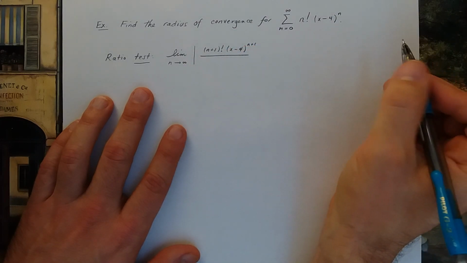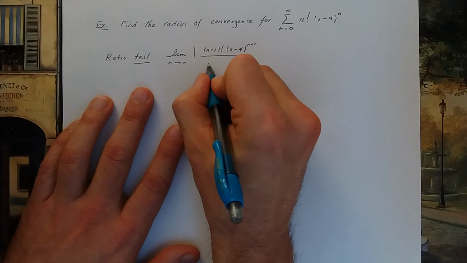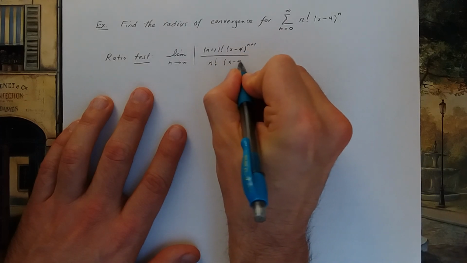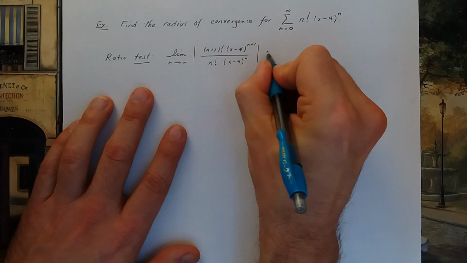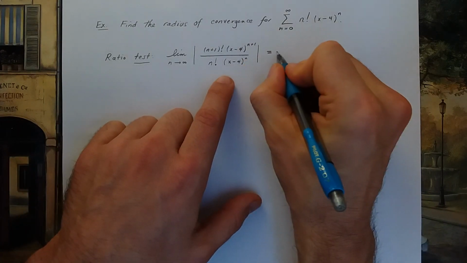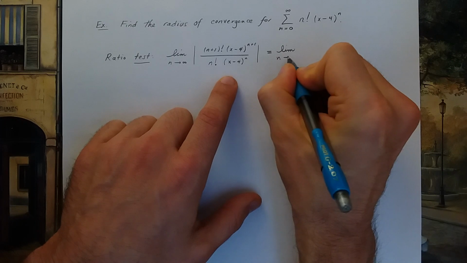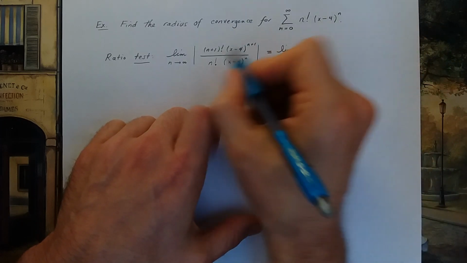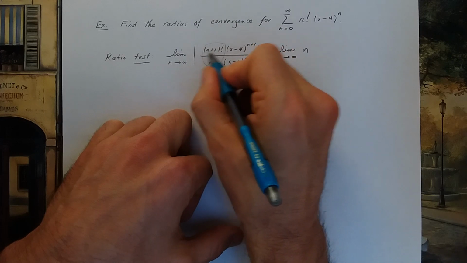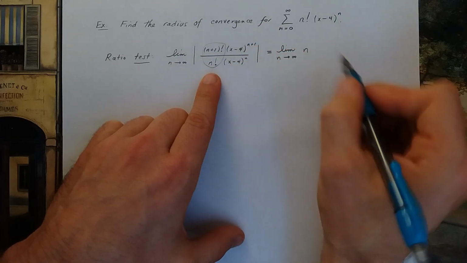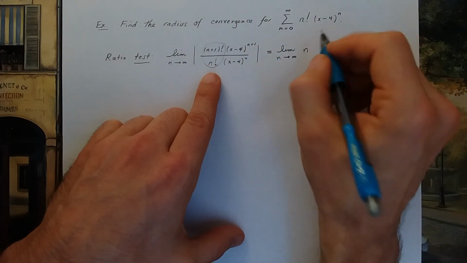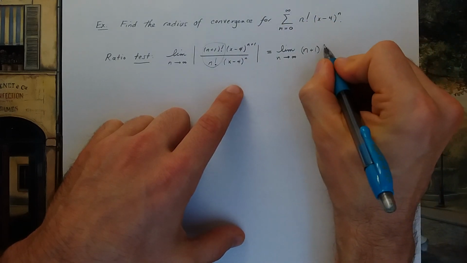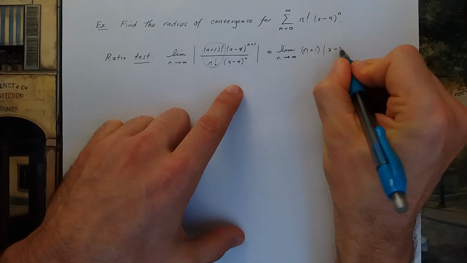And I'm going to divide by the nth term, so n factorial, times x minus 4 to the n. Okay, that's the limit as n goes to infinity. I'm going to get n plus 1 factorial over n factorial. That simplifies to n plus 1 times the absolute value of x minus 4.